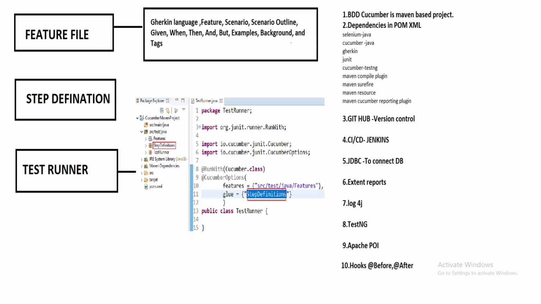In Cucumber we'll be writing our test scripts in the form of simple English language that is called Gherkin language. In Gherkin language, we'll have different keywords. Let's say Given, When, Then, And, But. Later I can explain in the next slide how we are doing it.